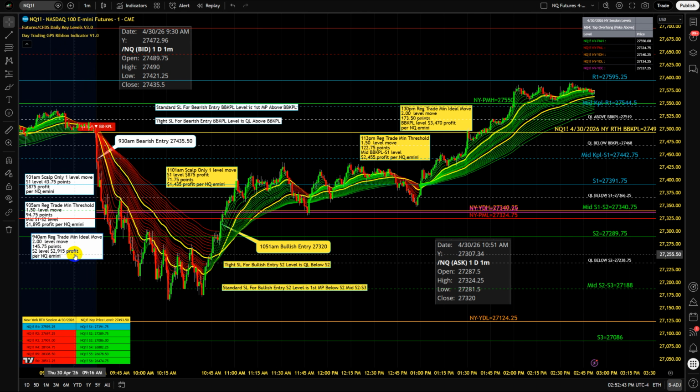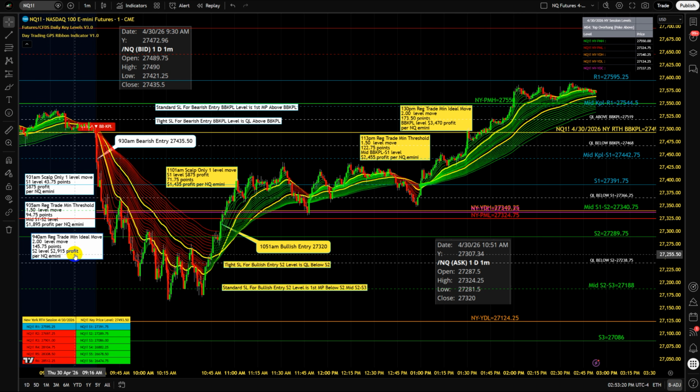Now, when it does hit the minimum ideal move, since approximately 80% of the sessions are going to be the extent of a 2-level move above or below the bull bear key price level, at that point you want to start tightening up your stop losses, either on your initial position or on any remaining runners, because the odds are against further extension.